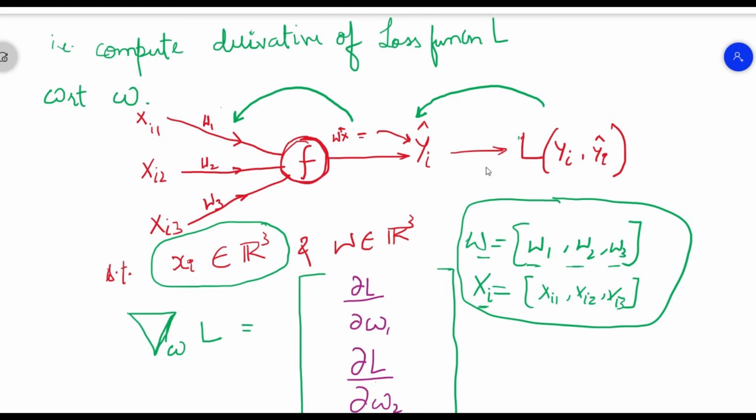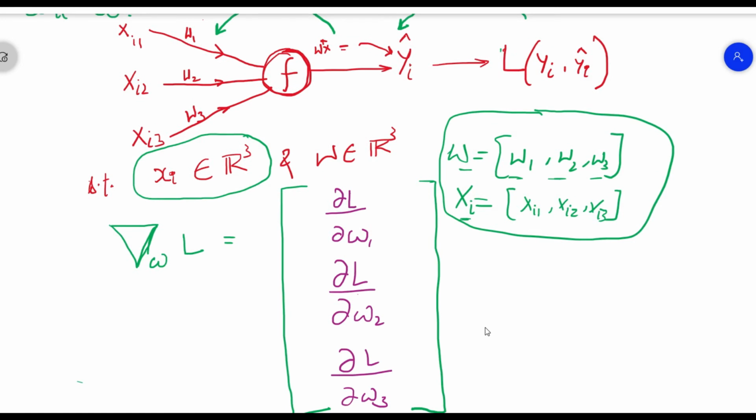So in step 2, what we are trying to calculate is the rate of change of our loss with respect to each of the components inside the weight vector w. Thus, we calculate the partial derivative of L with respect to W1, the partial derivative of L with respect to W2, and the partial derivative of L with respect to W3.